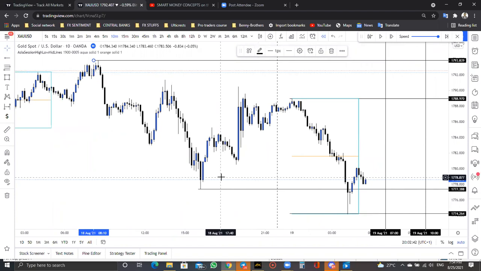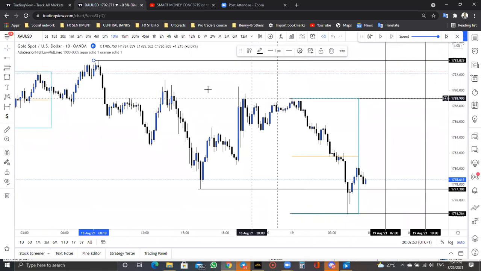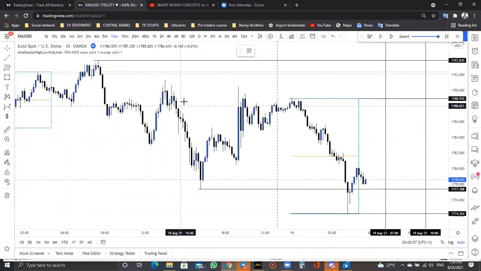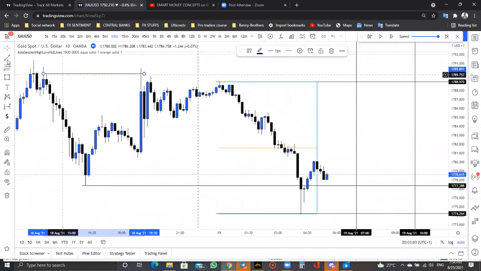Do you think it was a mistake for these guys to be pushing price down, pushing price down, pushing price down? Look at where the narrative started. Narrative. Stop hunt. SMS.